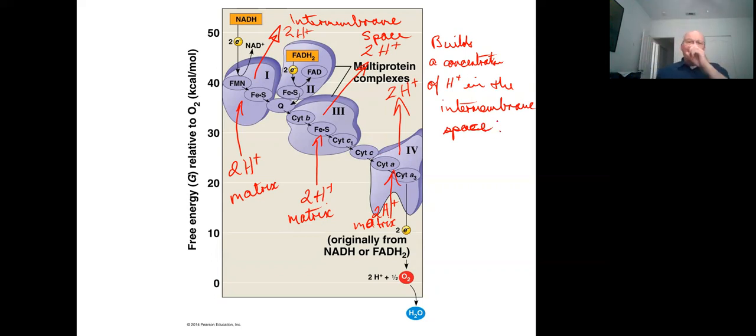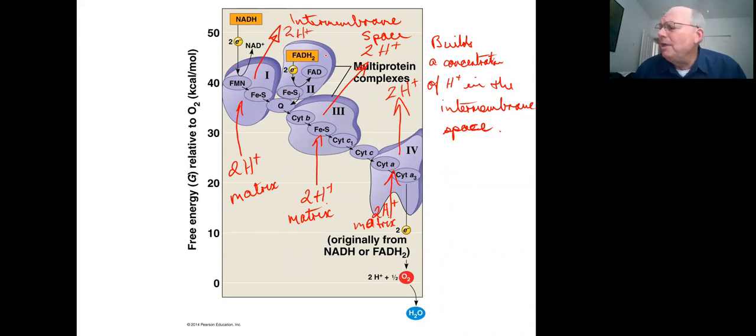So that's the electrons from NADH. What about the electrons that are in FADH2? Well, notice that FADH2 is a little bit lower on the free energy scale. And that means that the proteins of complex 1 are unable to extract the electrons out of FADH2. They can extract electrons out of NADH because they're way more electronegative than NADH, but they're only moderately more electronegative than FADH2.